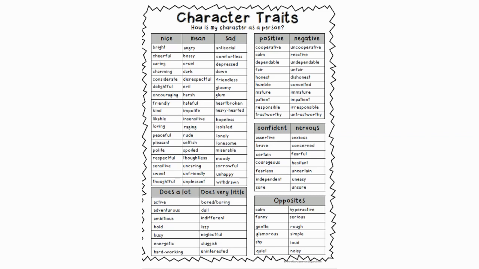If you're noticing your main character does a lot of mean actions, you might use words like angry, bossy, cruel, dark, disrespectful, evil, harsh. If you're noticing that your character is sad, some of the words you might use are antisocial, comfortless, depressed, down, friendless, gloomy, and so on. So these are good character trait words that describe a character on the inside.